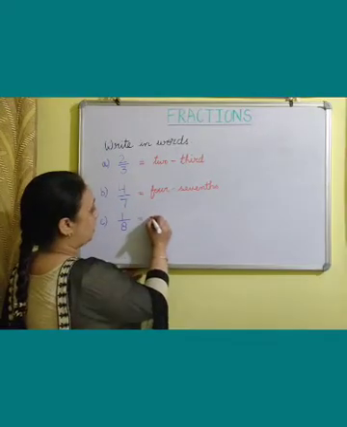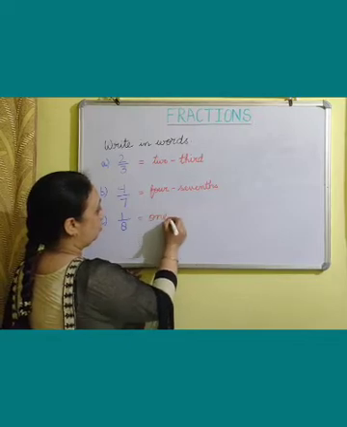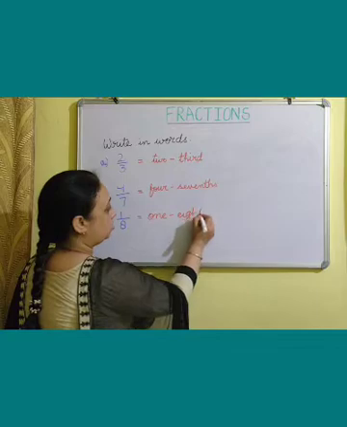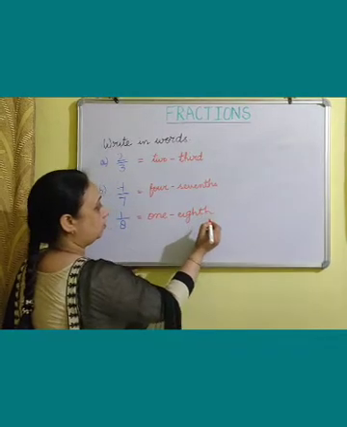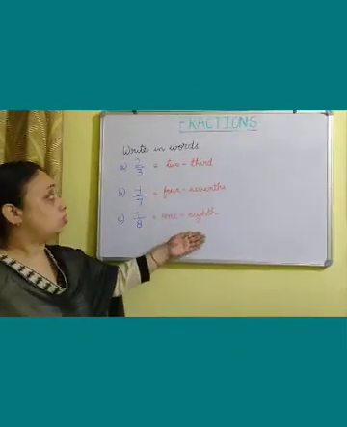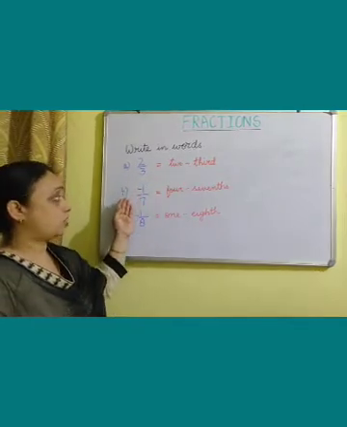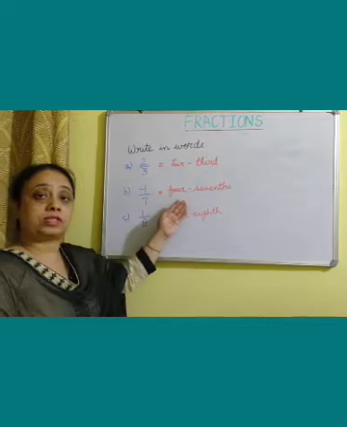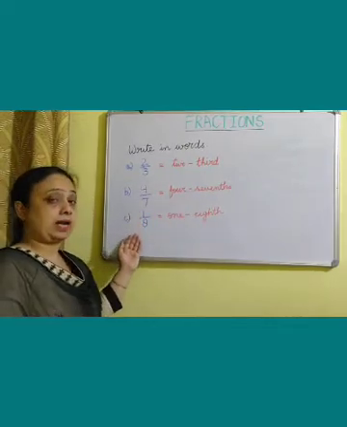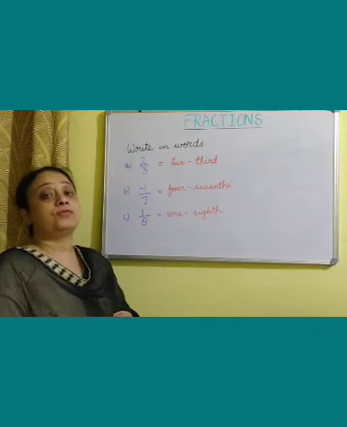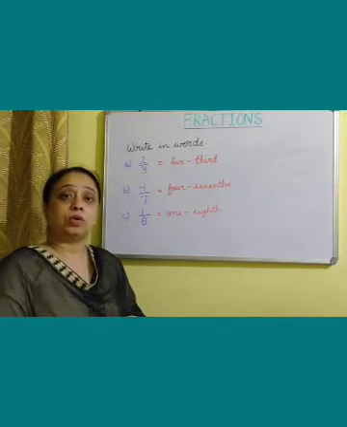You will write 1, put a dash and write eighth. So 2 upon 3 can be written as 2-thirds. 4 upon 7 can be written as 4-sevenths. 1 upon 8 can be written as 1-eighth. This is how we write the fraction in words.